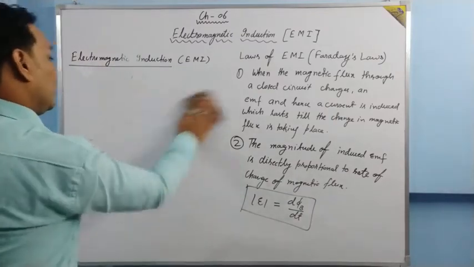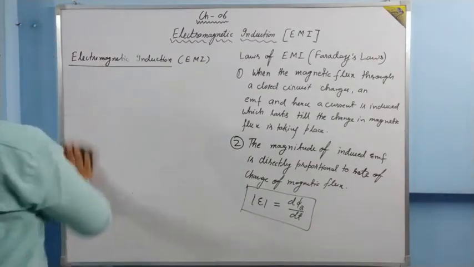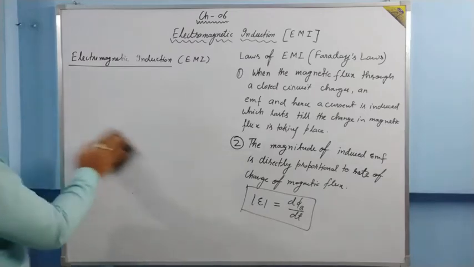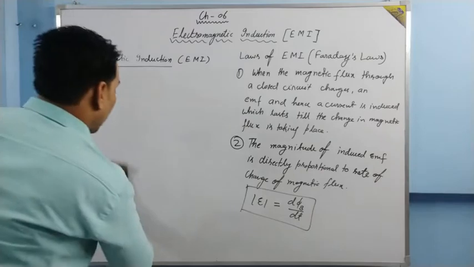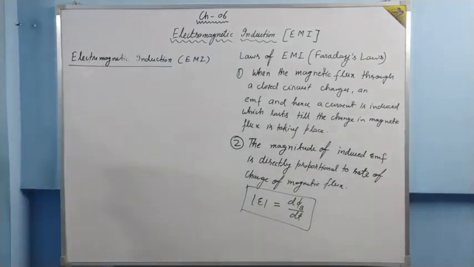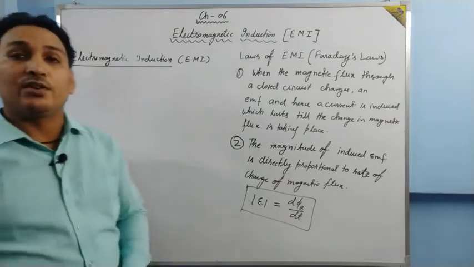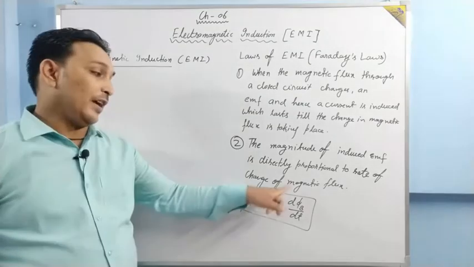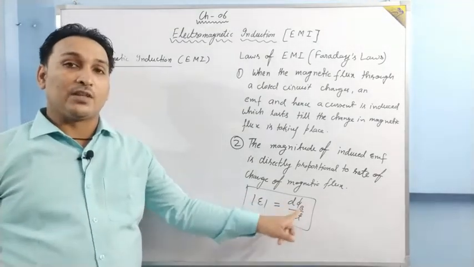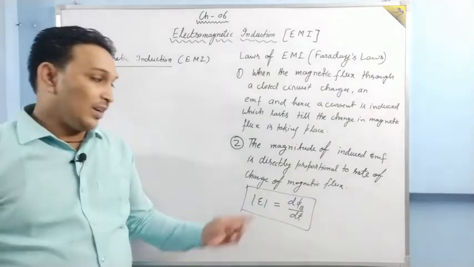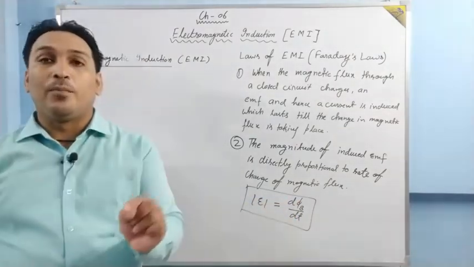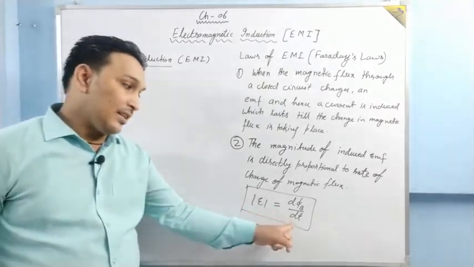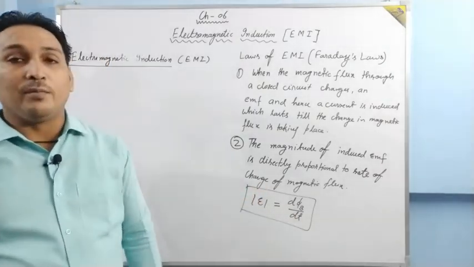It simply means that the change in magnetic flux taking place per second will decide how much EMF is induced, and because of that, how much current is flowing in the circuit. d phi B by dt, change in magnetic flux upon time. It tells the change in magnetic flux per unit time, and it decides the amount of EMF induced.